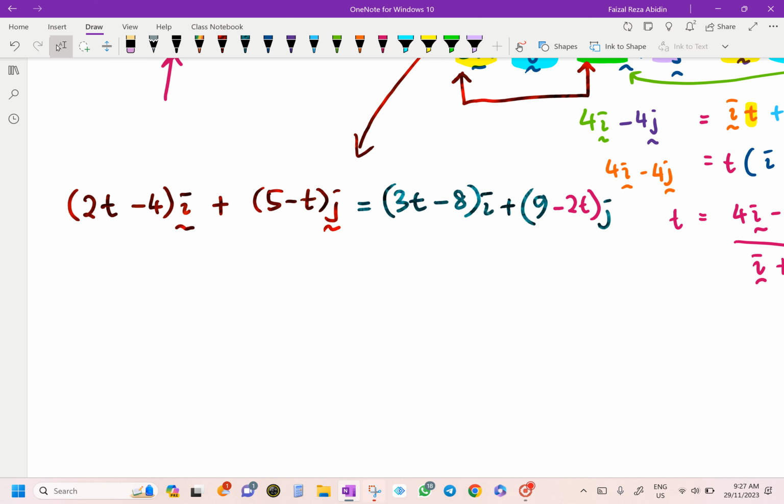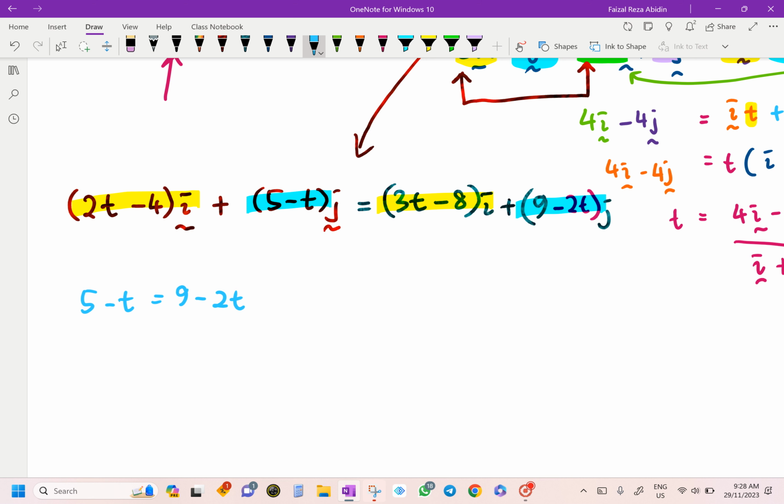Nak cari apa? T. Kalau tengok dekat sana, dia ambil yang mana? Kalau awak nak ambil I, samakan dengan I ni, girls. Kalau you nak ambil J, samakan dia dua ni. Okay, nak J. So, J you akan ambil dekat sini. 5 minus T equals to 9 minus 2T.